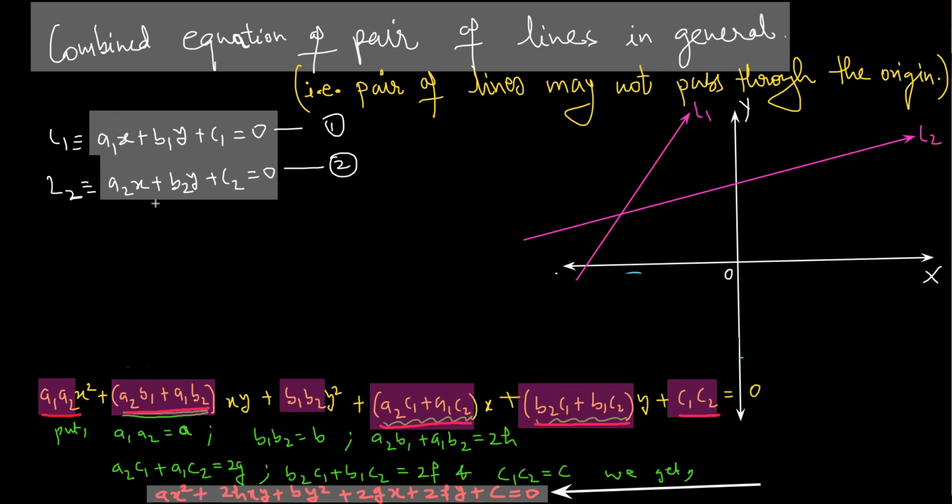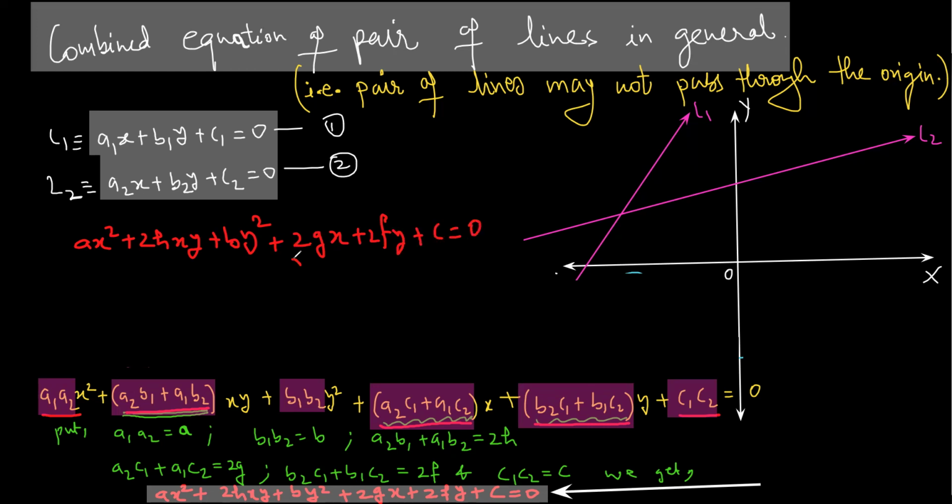So when you have such lines, the combined equation is in the form ax square plus 2hxy plus by square plus 2gx plus 2fy plus c equal to 0.